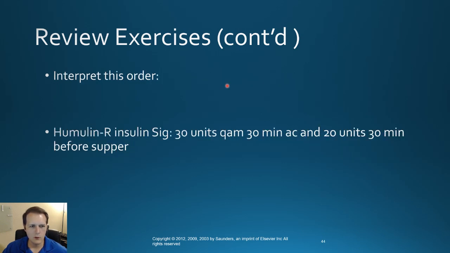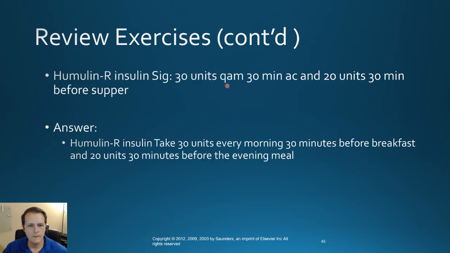Next, we have an insulin order. So Humulin R insulin, 30 units QAM, 30 minutes AC, and 20 units 30 minutes before supper. How would you interpret this one? So this one would be Humulin R insulin, take 30 units every morning, 30 minutes before breakfast, and 20 units 30 minutes before the evening meal, right?